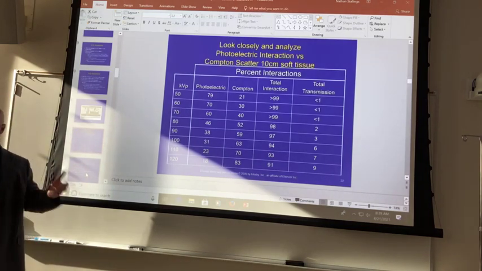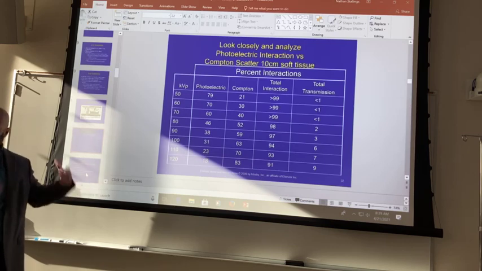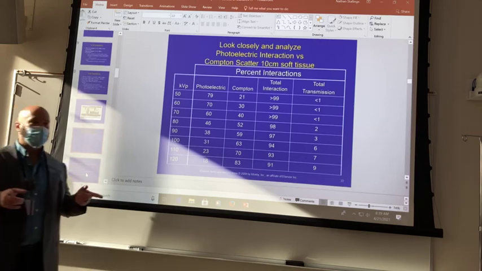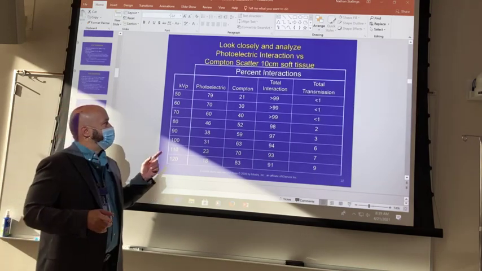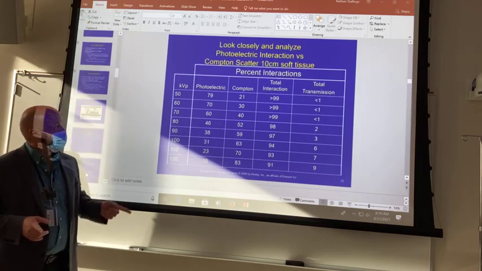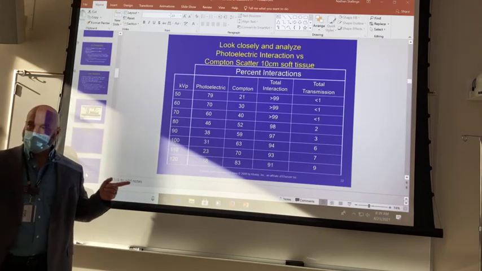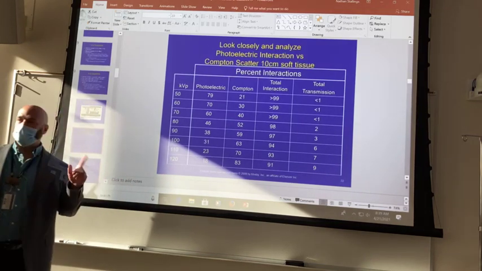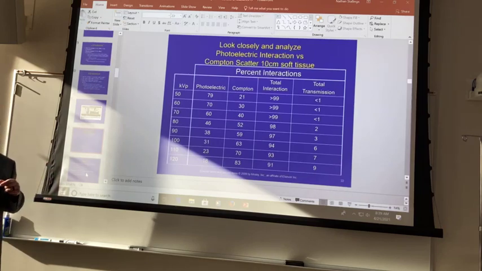Comptons and PEs. And we took a look at some example numbers. So a 1-to-1 ratio would be where we have exactly the same number of Comptons as photoelectrics. And as kVp goes up, we have a much greater rate of Comptons.